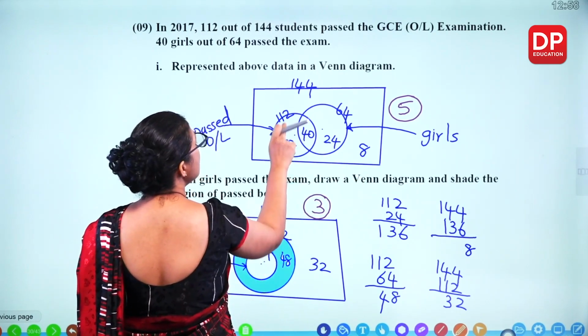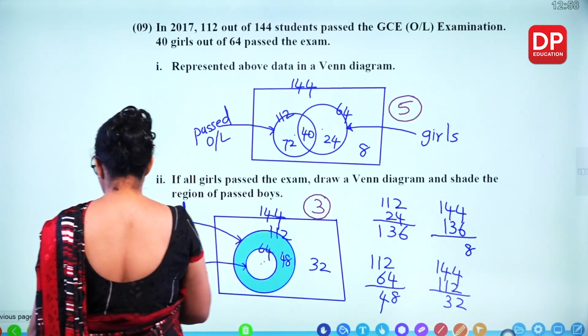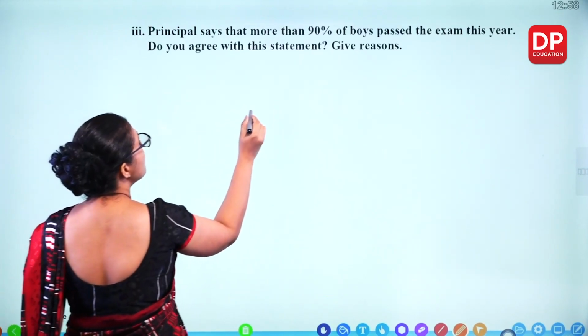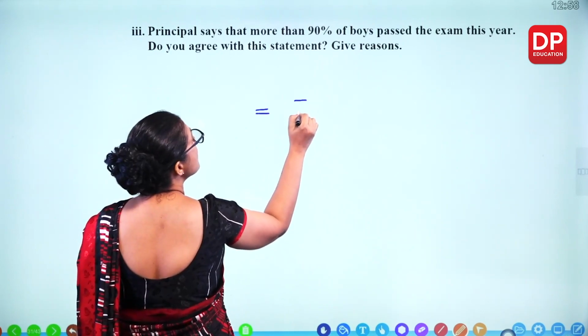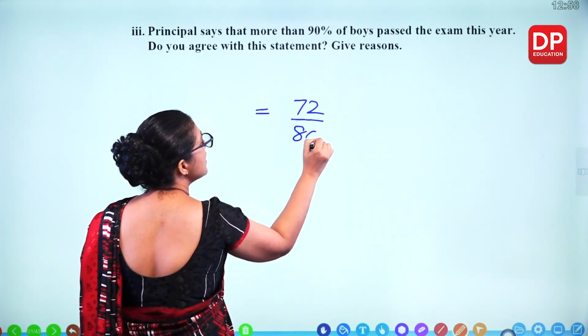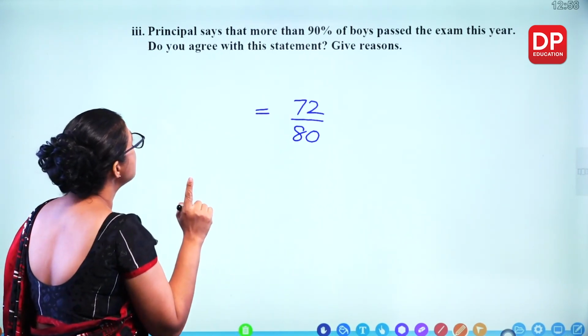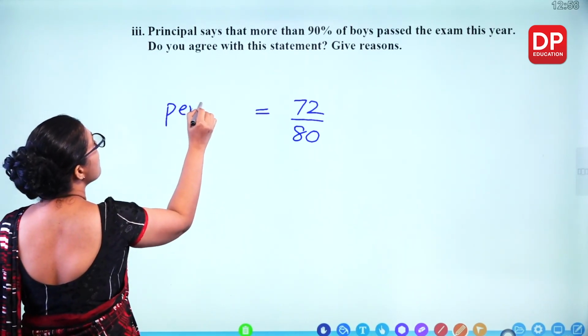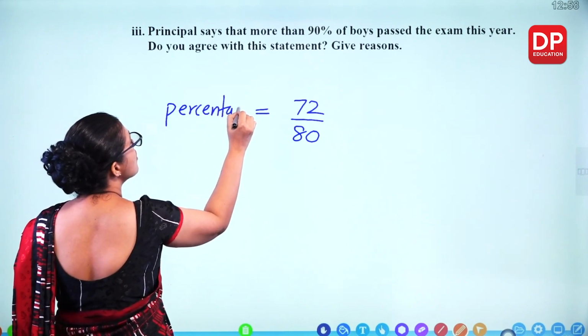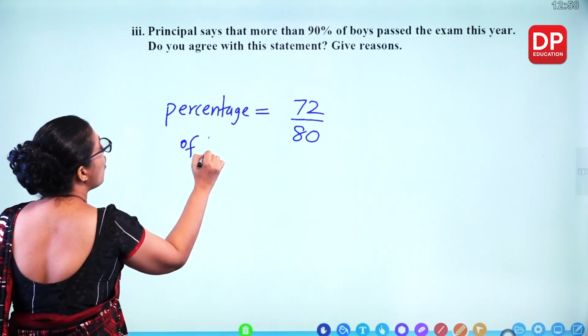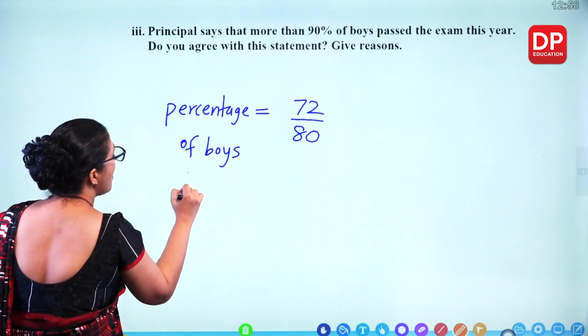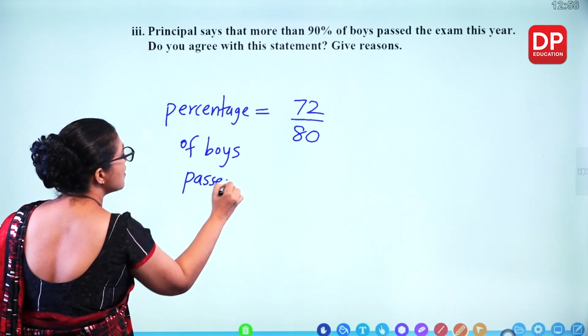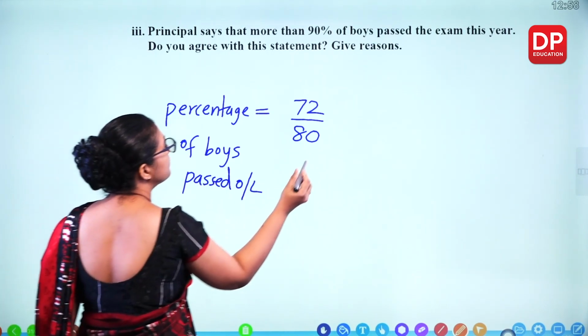Out of 80, 72 passed the O-level exam. So you can find 72 over 80. That's the percentage of boys who passed the O-level exam.